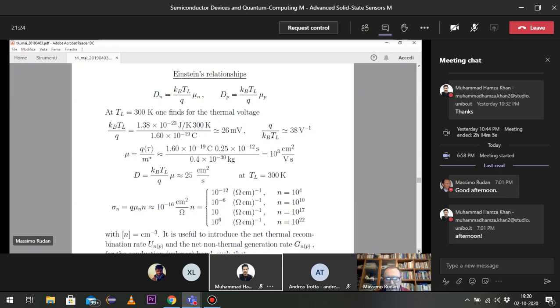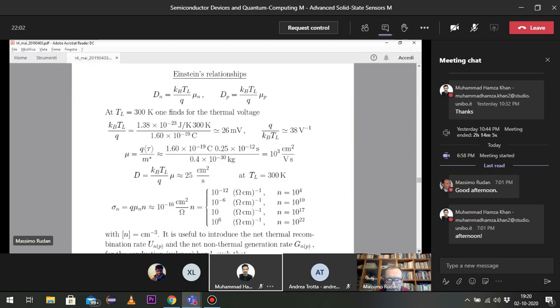An insulator may have 10 to the 4th electrons per cubic centimeter in the conduction band, which is very small. So if you have 10 to the 4th times 10 to the minus 16th, you have 10 to the minus 12th ohm centimeter to the minus 1, for the conductivity. So the conductivity of an insulator is non-zero, but really very small, 10 to the minus 12 in these units.